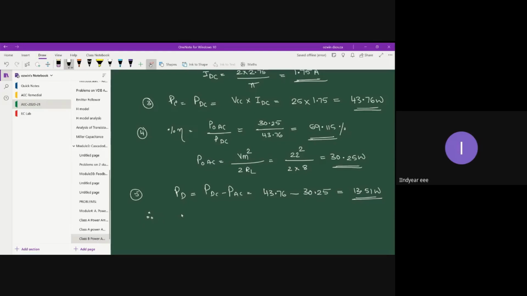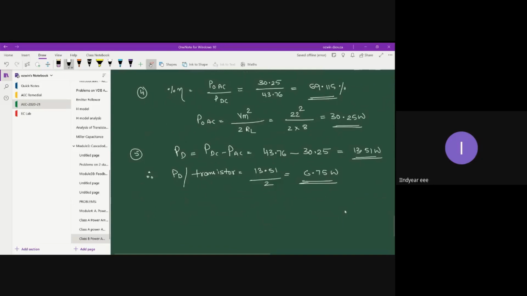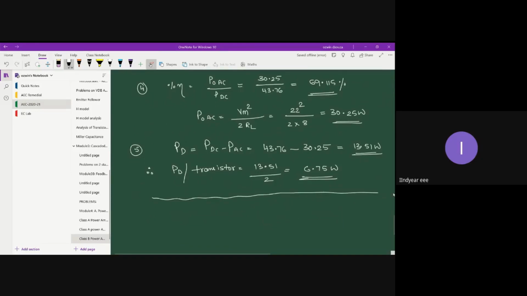So therefore, PD per transistor is equal to 13.51 divided by 2. That's about 6.75 watts. Okay. So that completes problem number 3. Okay. So you can expect such problems in case of class B power amplifier operation.